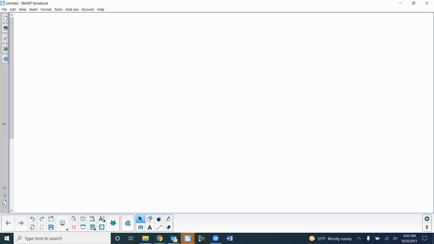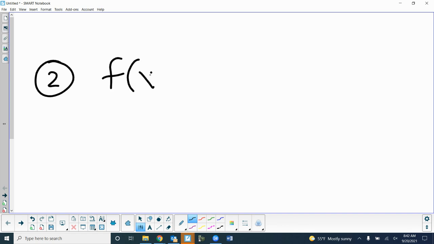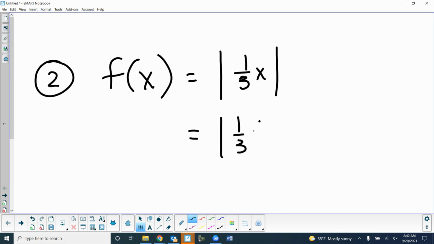All right. Another one. 2 units left. Okay? Again, we're going horizontally. And here we're in absolute value parent function, right? So here's our problem, but remember, we're replacing the X when it's horizontal. All right, it says left, so we're thinking the opposite, right? So we're going X plus 2 in here.